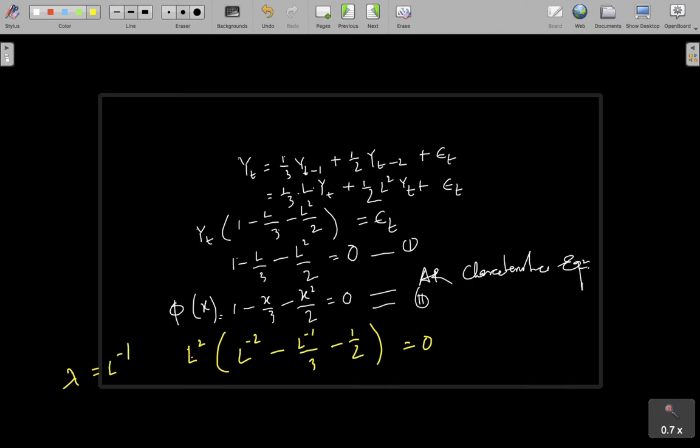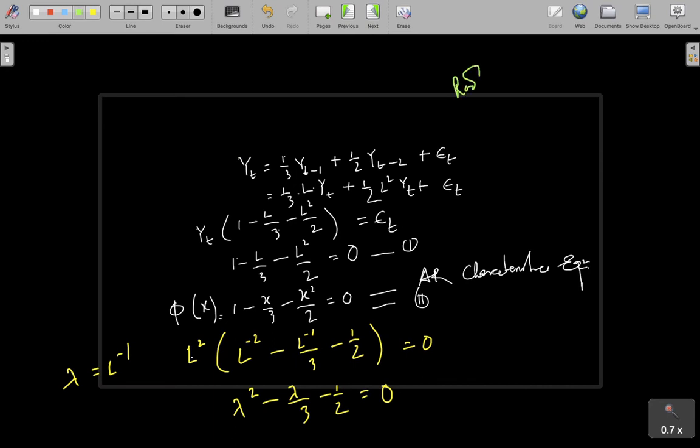So if I do that, my equation will be lambda square minus lambda by 3 minus half is equal to 0. So that's what I get after inversion. Now I need to get the roots, and I need to equate them with my condition that the roots need to be less than 1. So let us find out the roots.